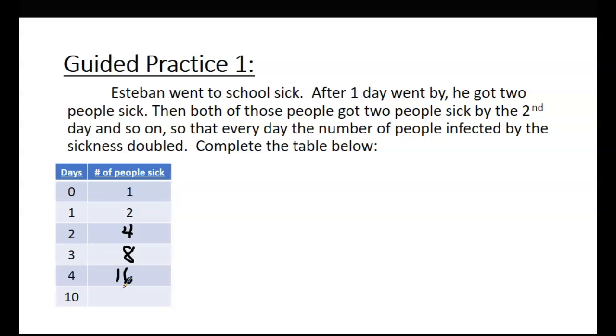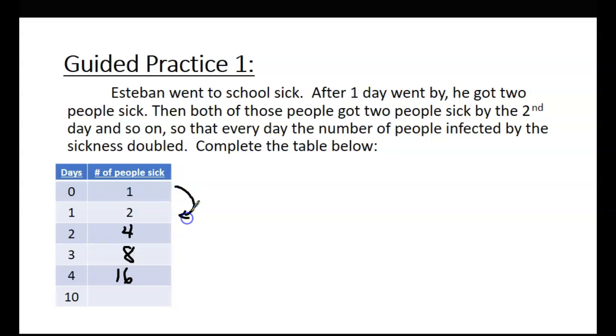This is an exponential function. So here's a nice definition of an exponential function for you. An exponential function is one that changes by multiplication. Okay, so from 1 to 2 is a multiplication factor, 2 to 4, and they're all being multiplied by the same amount, right? So we start off with 1 person on the first day, but to get to the next row, let me write this a little bit different.